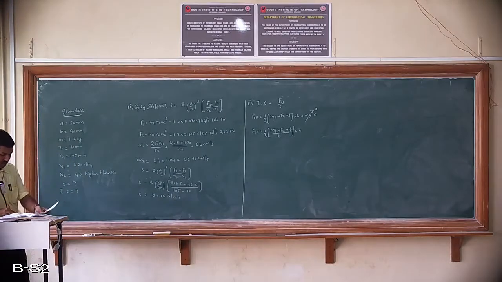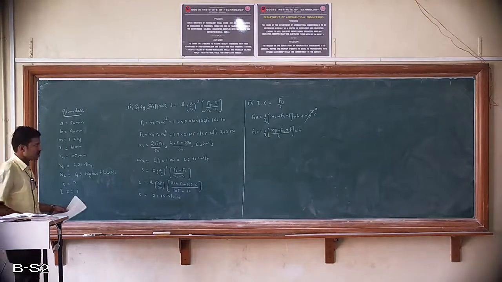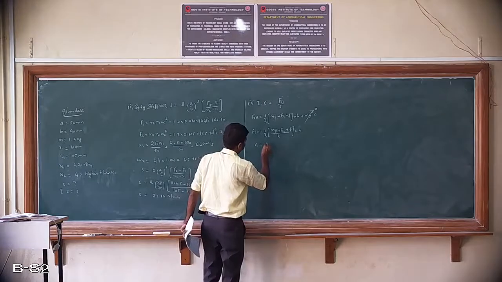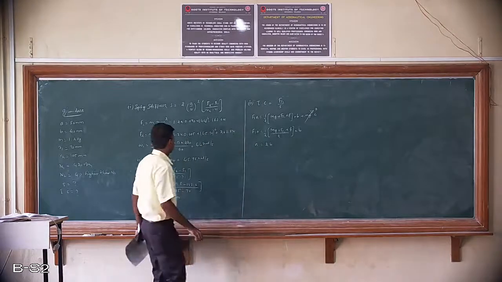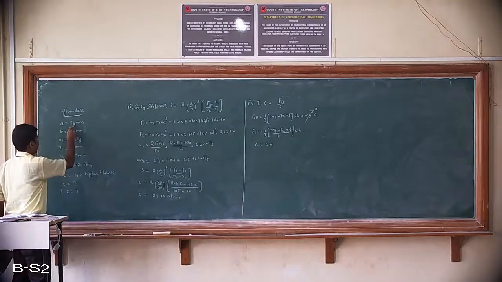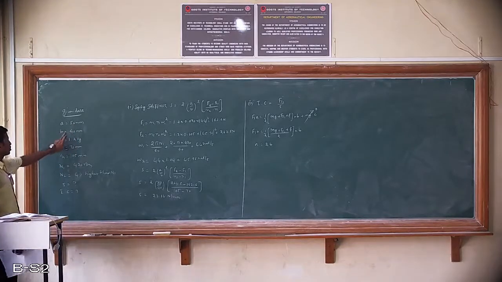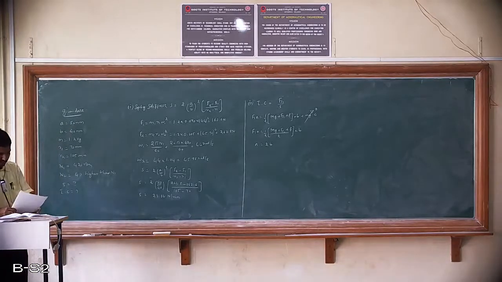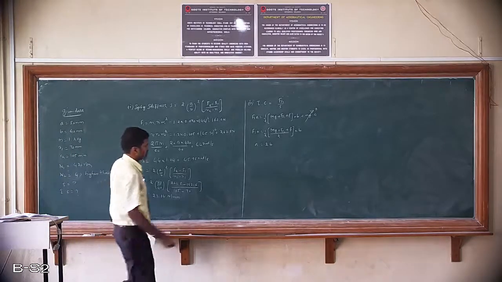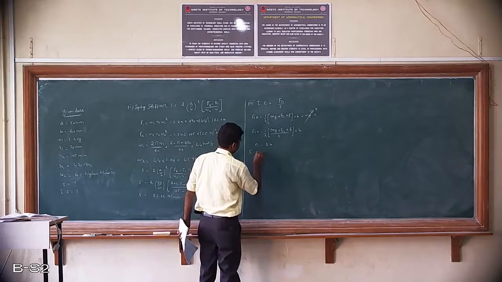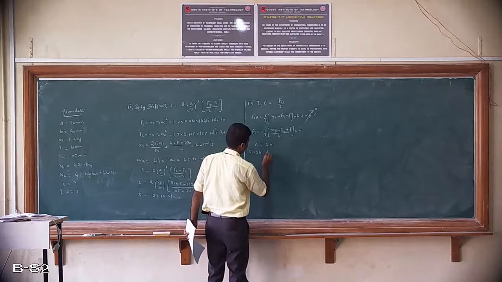In this equation, we know that A is equal to 2B, because A is 80 and B is 40. So A is 2 times of B. I will substitute it. So F1 into 2B is equal to 1 by 2.